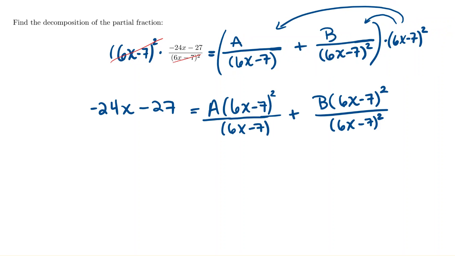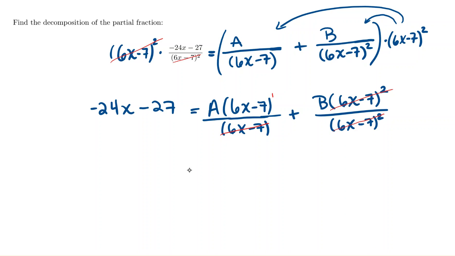After distributing the right side, we would get this, and here we see that these terms would both cancel because we've got a 6x minus 7 all squared in the numerator and denominator of this fraction. And then here, one of these terms would cancel with this, which would leave us just with 6x minus 7 to the first power.